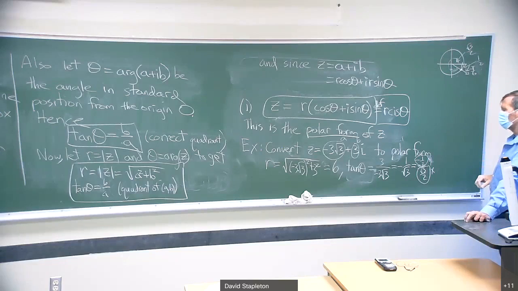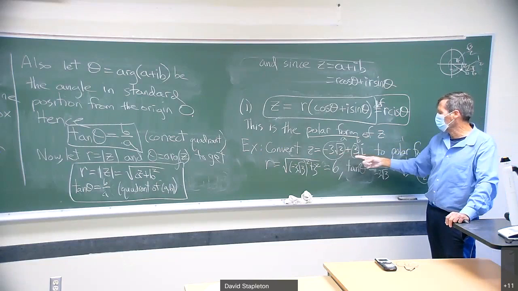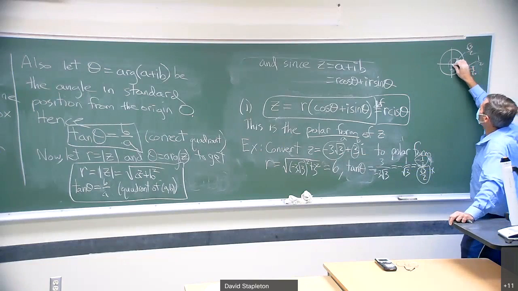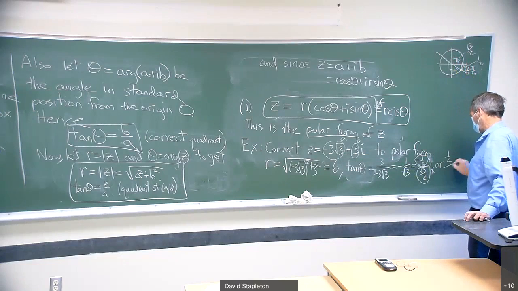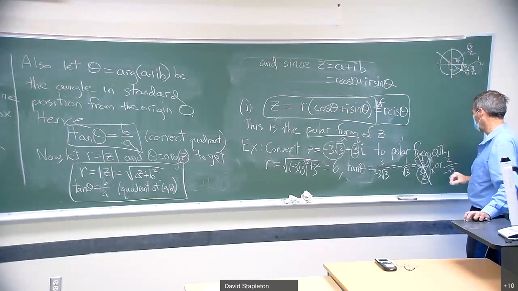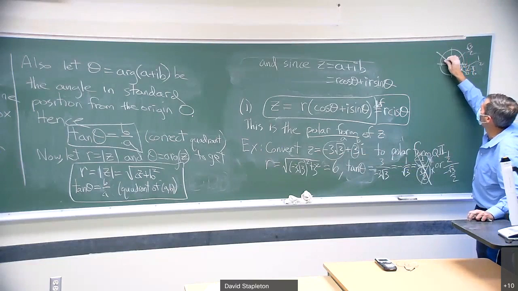Is that the polar angle? Maybe. It has to go in the right quadrant. Let's see. a is supposed to be negative and b is supposed to be positive, and they're not, so this is wrong. It must be that I go over this way. The other thing I can get is +1/2 over minus square root of 3/2. And I scratch out this one because I want to go into quadrant 2 of the complex plane. And now I get this point with y 1/2 and x minus square root of 3/2.